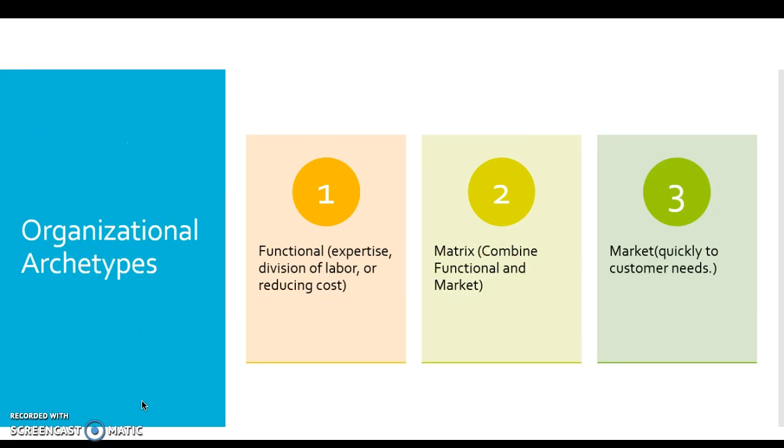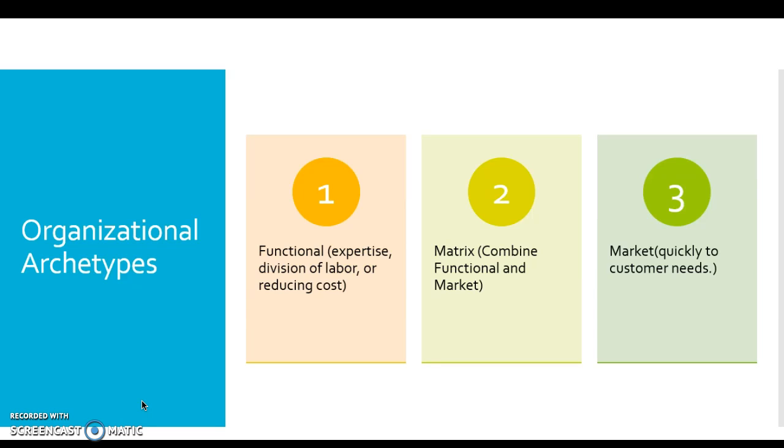Talking about organizational types, archetypes actually, there are three main archetypes. The first is functional, the second is matrix, and the third is market. Basically these are architectures that set how teams are organized.